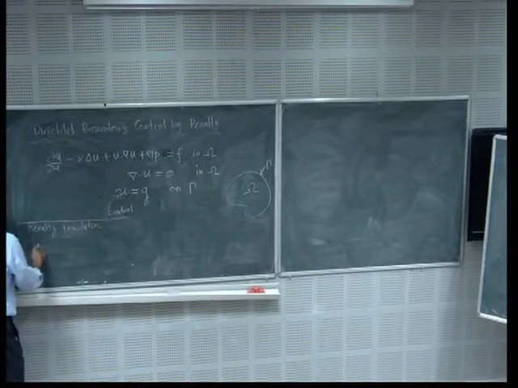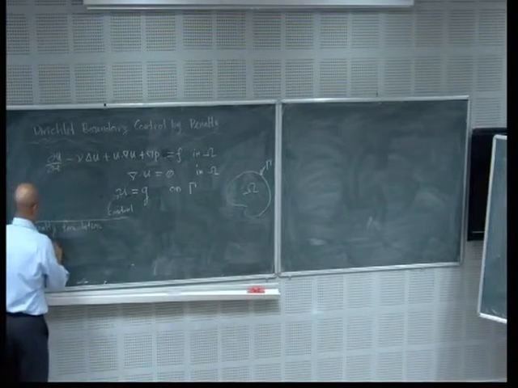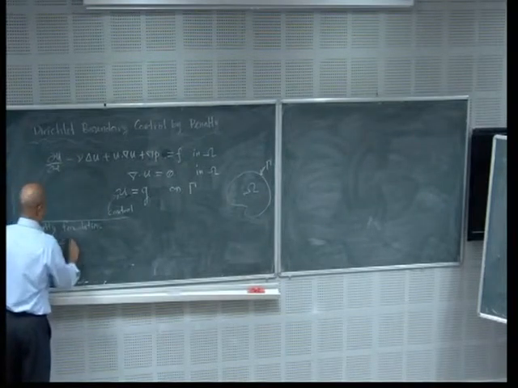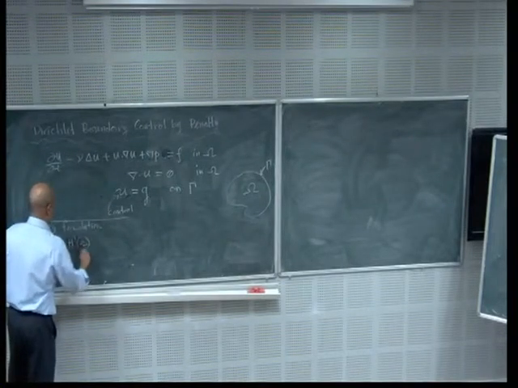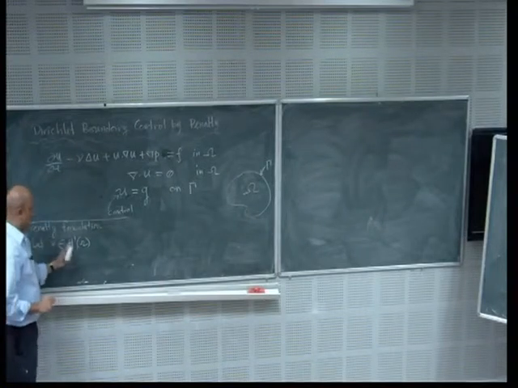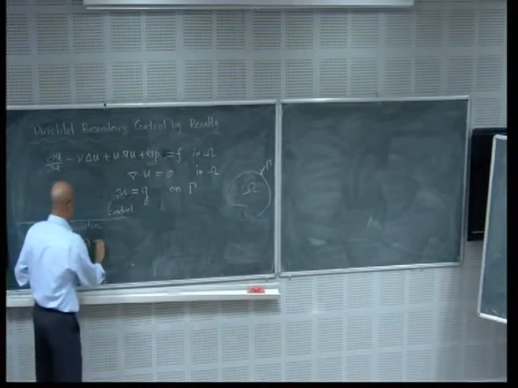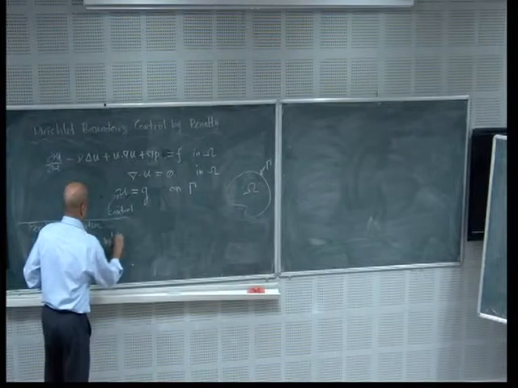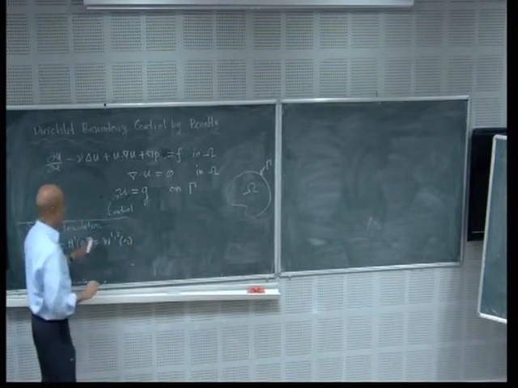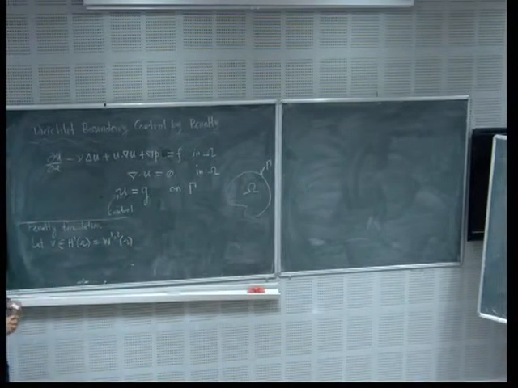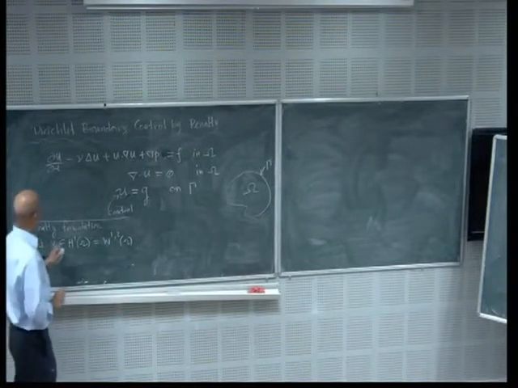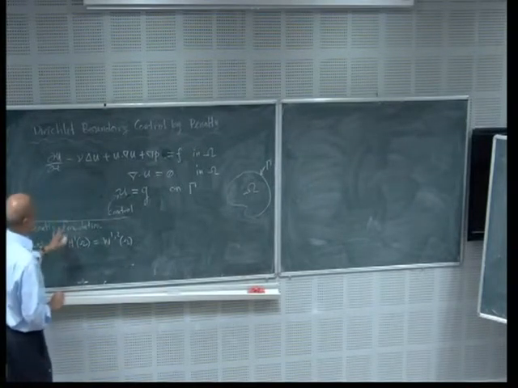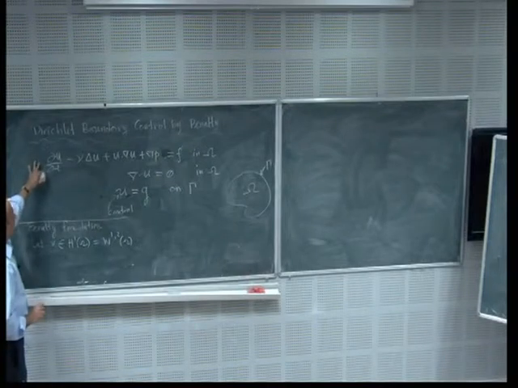So let a test function v belong to H1(omega). This H1 is equal to W^{1,2}(omega), that people have used this notation. Okay, so let's take a test function from H1(omega), and I'm going to multiply this by v.